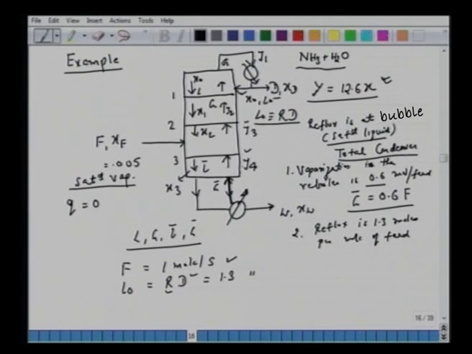Now what is given here is G bar, the vapor reflux, which is 0.6 times F. So we have G bar as 0.6 moles per second. So F, L0, G bar are given to us. Now let's see if we can compute the other quantities.